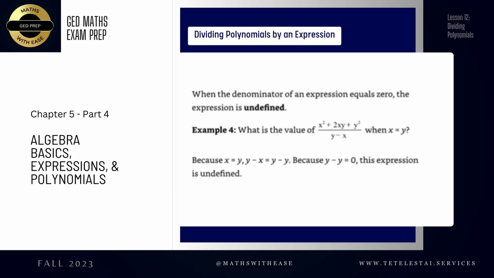Undefined is also a solution. Well, I shouldn't say a solution because an undefined expression has no solution. But in that instance, undefined would be the answer, right? Because you can't divide an expression by 0. So just pay attention to that because it could be a scenario on the test.